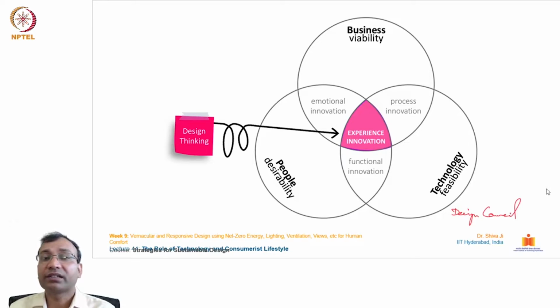Some agencies, researchers, and designers have given models that bring innovation into a structured format. One of them is given over here.